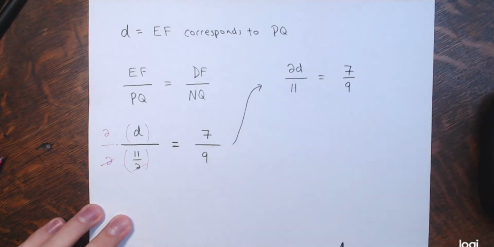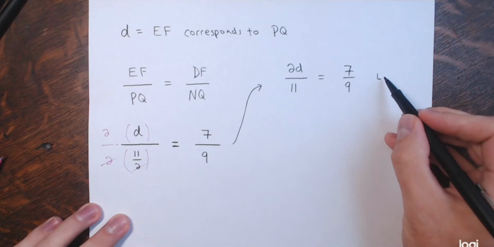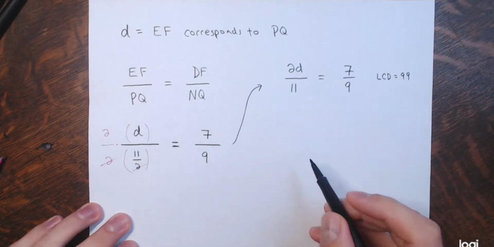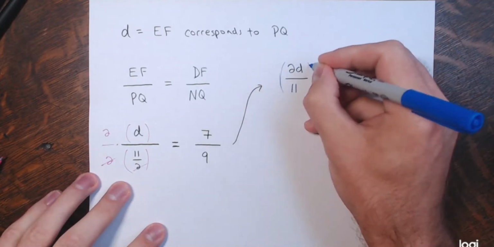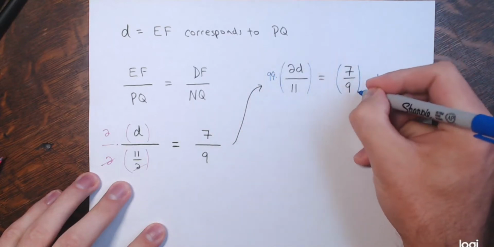I'm just solving this like any other equation with fractions. The LCD would be 99, 9 times 11. I'm going to multiply both fractions by 99, and that should cancel all the denominators.